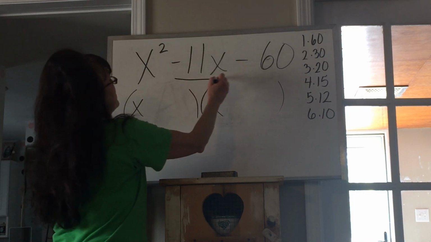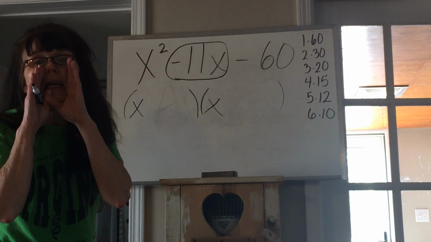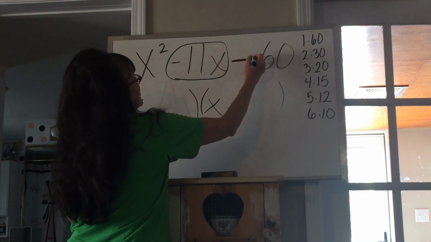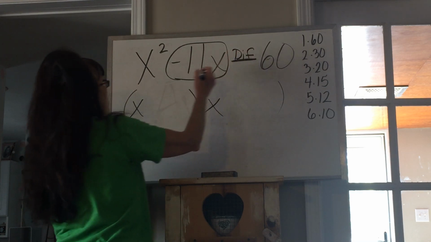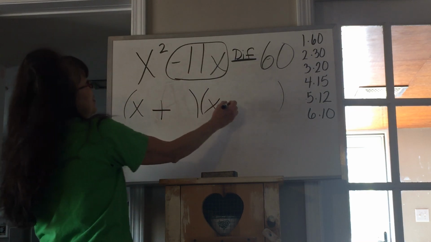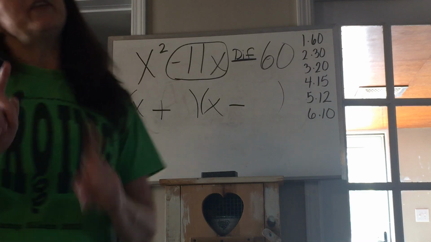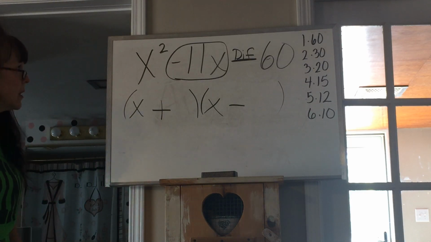What do you do with this middle section? Skip over it. How do you factor a minus? Different signs. 1 plus, 1 minus. Now, keep in mind that we may have to switch them if it didn't work out. It's okay. You got an eraser, I'm sure.